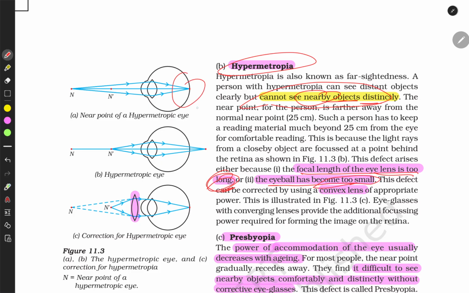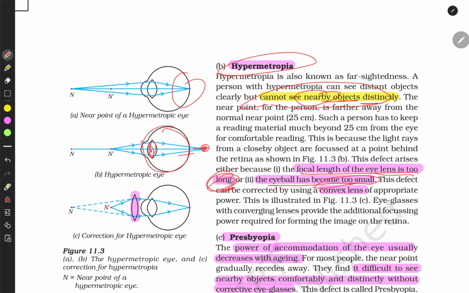This is a normal eye, and in this case the focal length goes beyond the retina, or the eyeball structure changes and gets small without any changes in the lens. So again the image will form behind the retina.